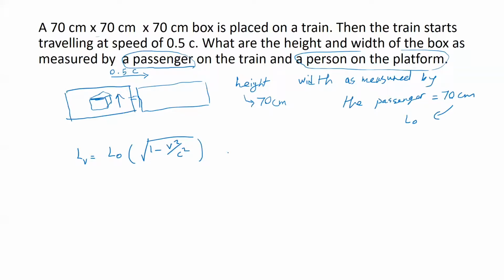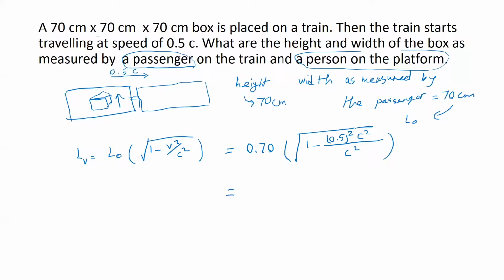And just substituting numbers, this one is 70 centimeters, so I convert it to meters, that is 0.7 bracket 1 minus then 0.5. I don't need to substitute C, I just put C as C, and I can simplify that, with C squared divided by C squared, bracket.